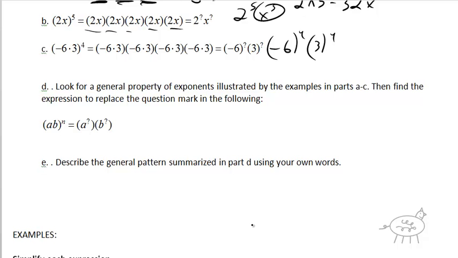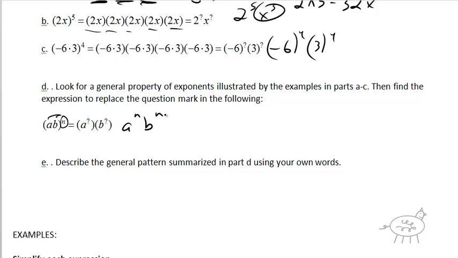Here's another one. It says look for the general property of exponents illustrated in the example, and find the expression to replace the question mark. So basically, again, this n right here gets affected by both the a and the b, and there it is. It's a to the n, b to the n. Then, describe the general pattern.